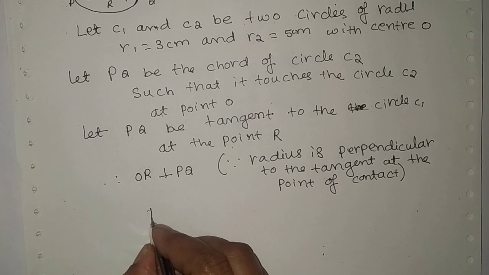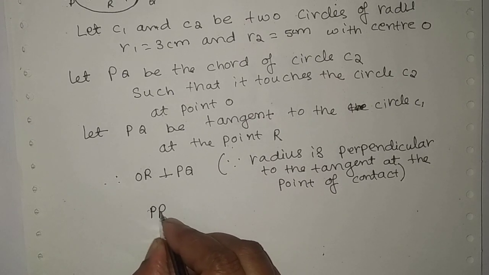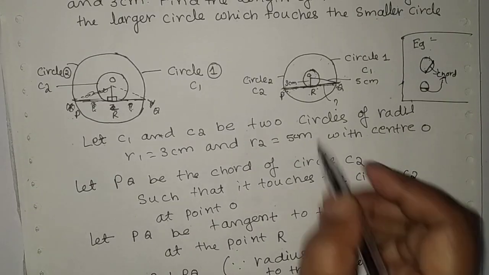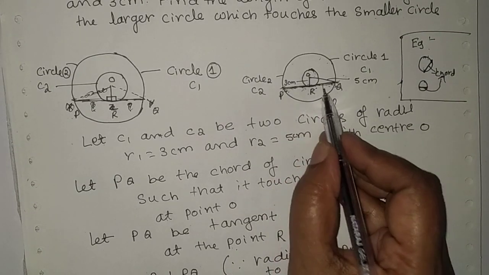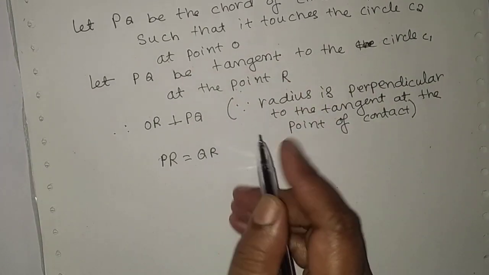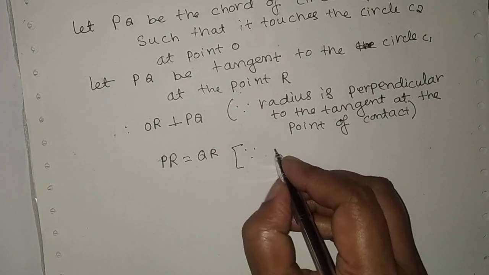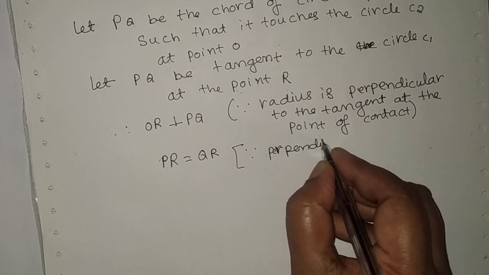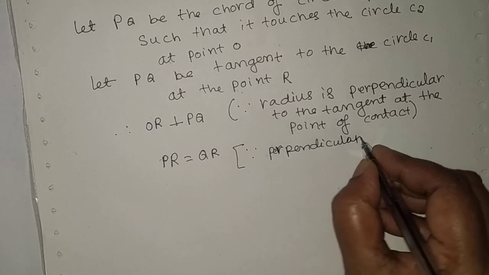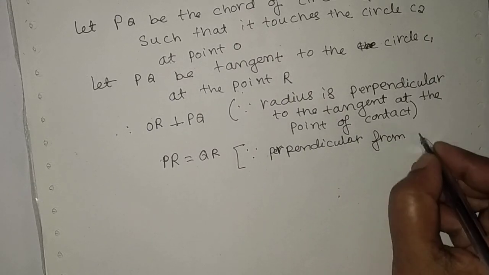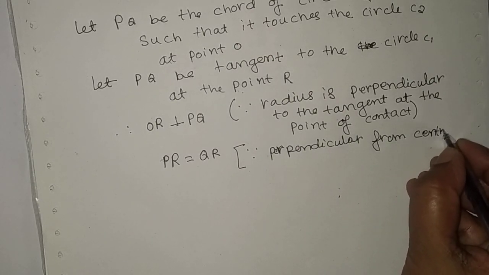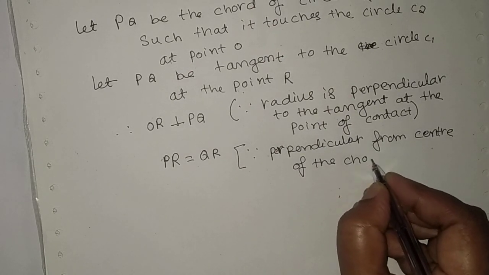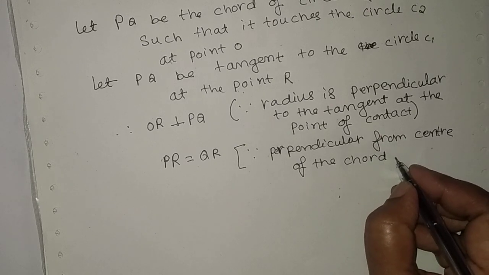So after this we have to just write PR is equal to QR. So what is PR here? These two will be equal. PR is equal to QR. So after this we have to write: perpendicular from the center to the chord bisects the chord.